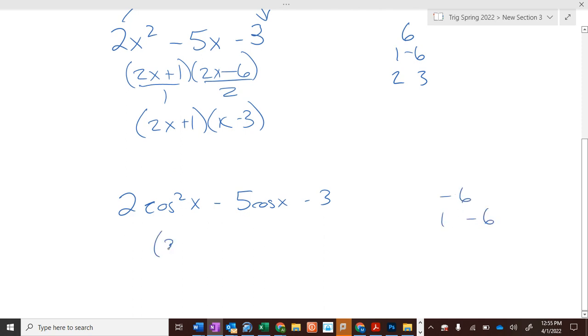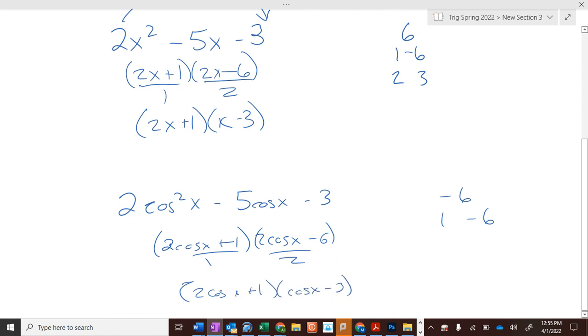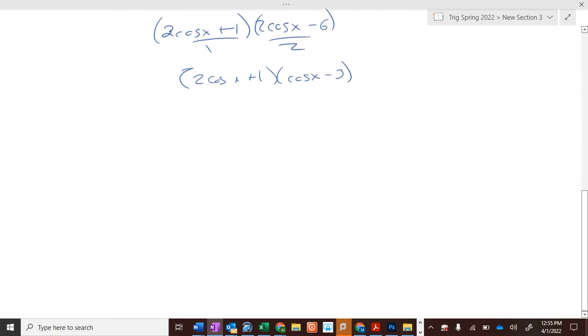So it's 2 cosine of x plus 1, cosine of x, 2 cosine of x minus 6, divide by 2, divide by 1, and it'd be 2 cosine of x plus 1 times cosine of x minus 3. It is no different from what I did before. The only thing is, instead of having an x, I have a cosine of x. Okay? Is it any big deal? No. Okay? So let's do another one.